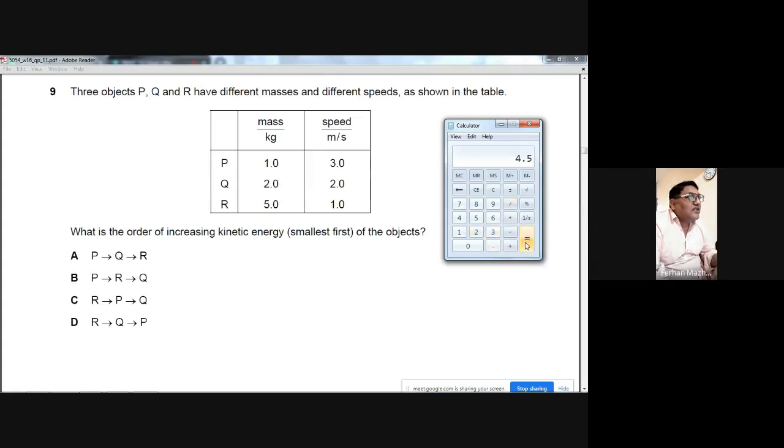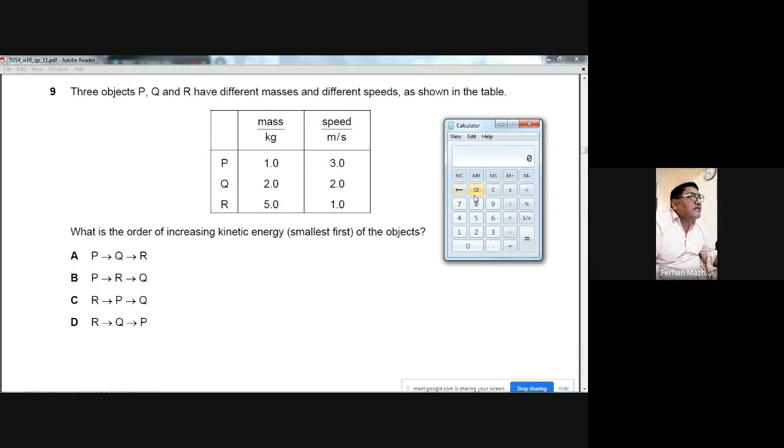The answer: the first one's kinetic energy is 4.5. Let's calculate the kinetic energy for Q. That's 2 multiplied by v squared, divided by 2. The answer is 4. So Q is 4.